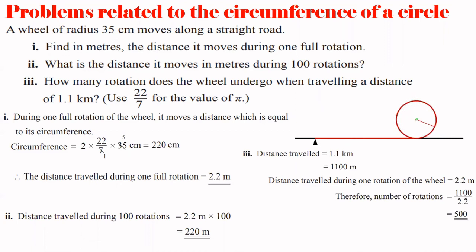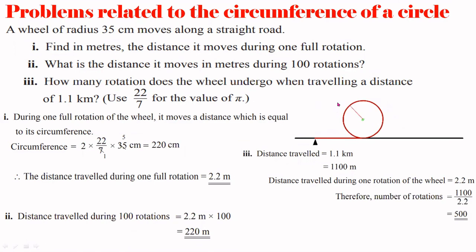One full rotation. This is one full rotation. When it moves one full rotation, the circumference is the line that touches the ground. The center does not touch the ground; only the circumference touches the ground. So the idea of this question is you have to find the circumference of the circle.